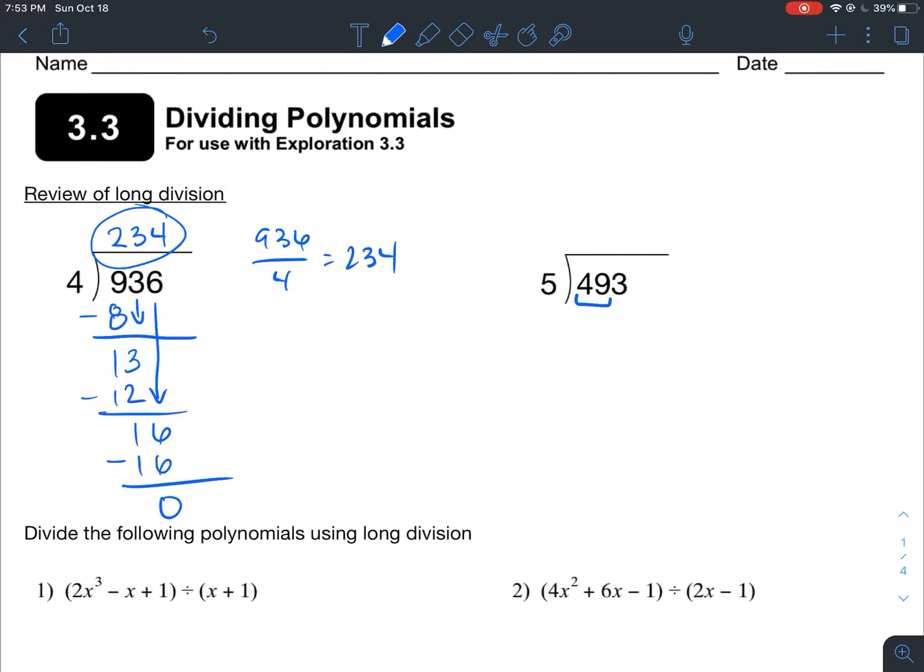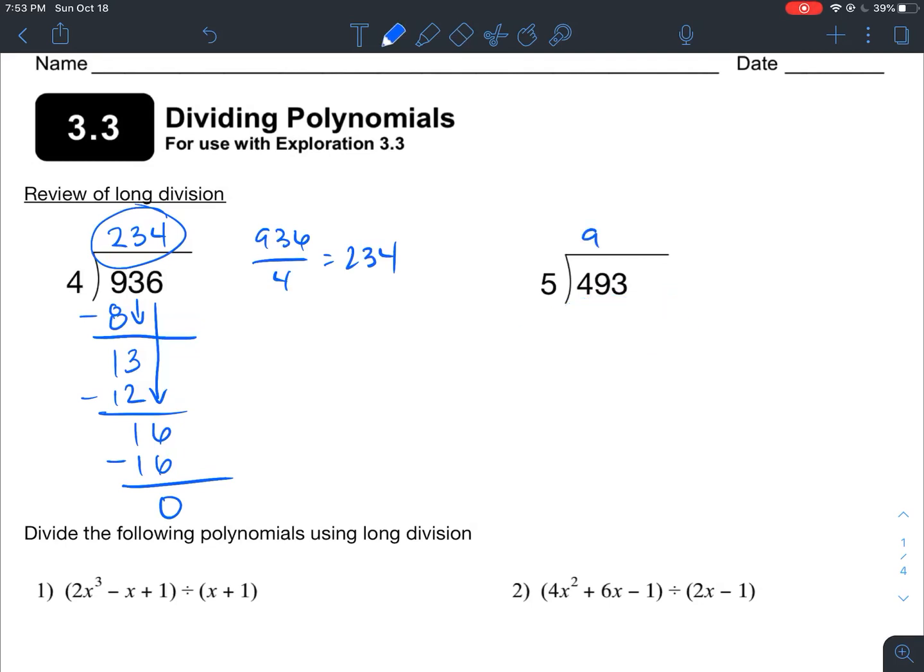So 49. How many times does 5 go into 49? Well, we get 5, 10, 15, 20, 25, 30, 35, 40, 45, and that's about it, because if we go even further, it's 50, and that's greater than 49, so 9 times, right?